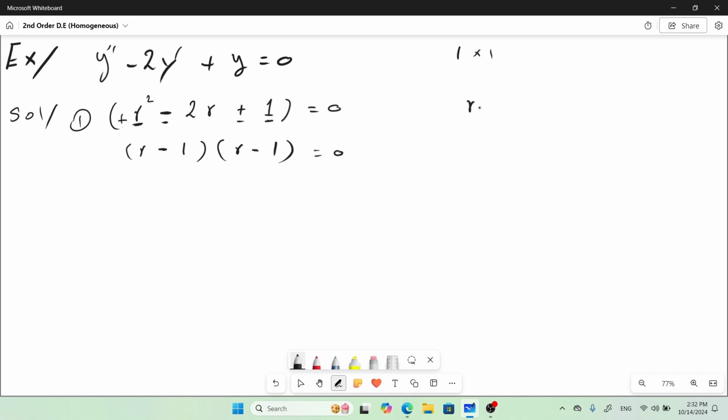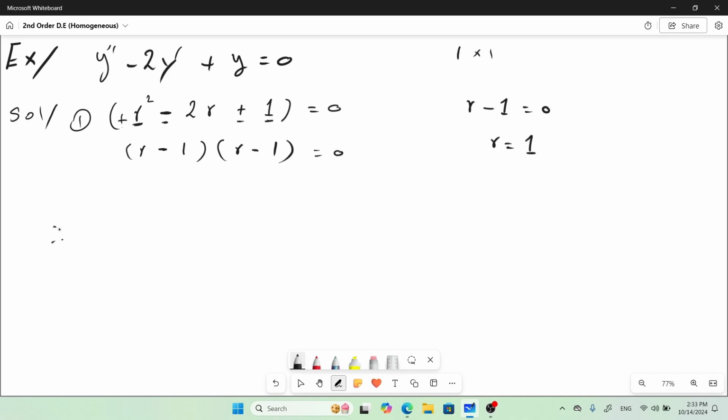So r minus 1 is equal to 0, so r is equal to 1. Since it's the same bracket, both our numbers here are 1, so we have the same root.